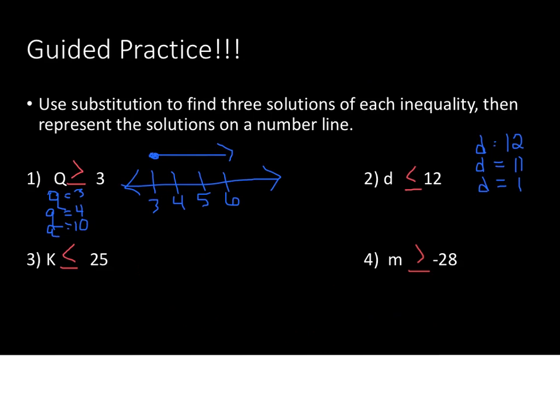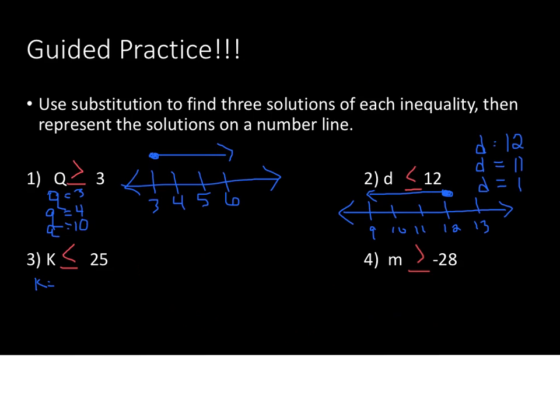So again, I'm going to go ahead and draw my number line. And I'm going to fill in my circle to show that 12 is a possibility, but so is everything less than 12.